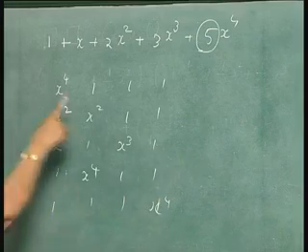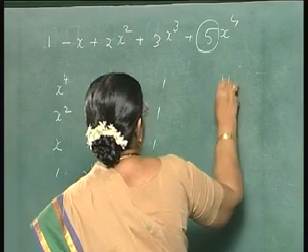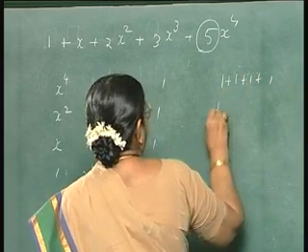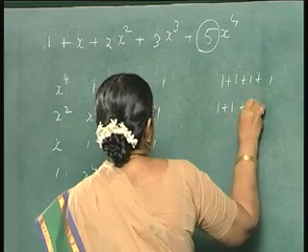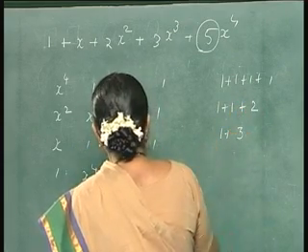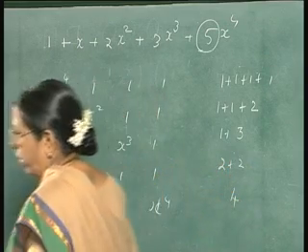This amounts to partitioning into ones only, having components 1, and this amounts to partition 1 plus 1 plus 2, and this amounts to partition 1 plus 3, and this amounts to partition 2 plus 2, and this amounts to partition 4.